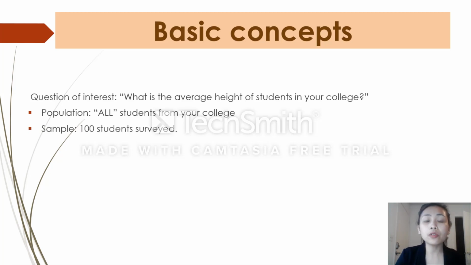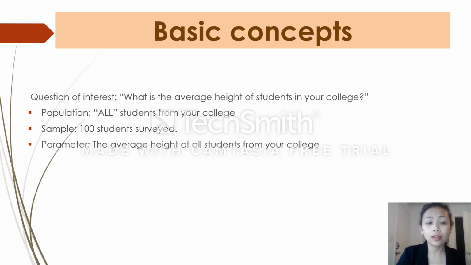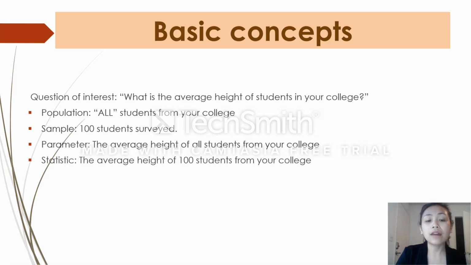And the group of 100 students that you surveyed, the group of 100 students that actually were surveyed, is a sample. And the average height of all students from your college, which is the thing that you are interested in, is a parameter. And the average height of 100 students from your college is a statistic.